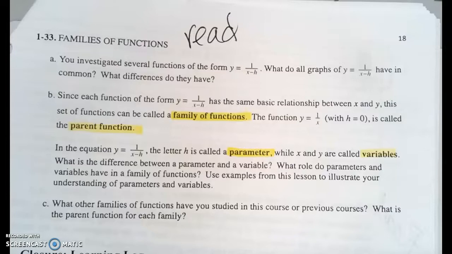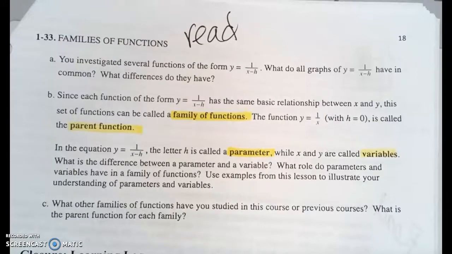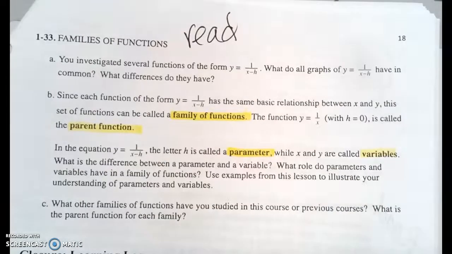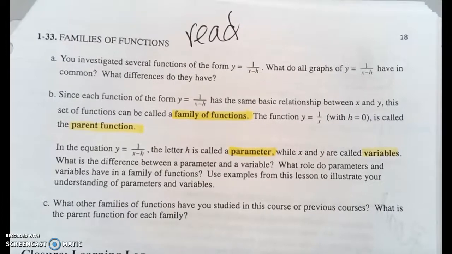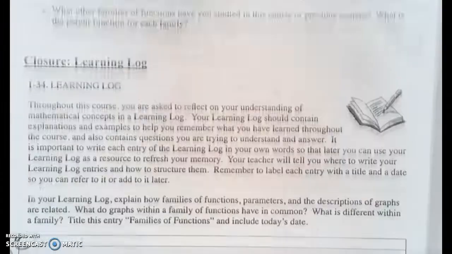What other families of functions have you studied in this course or previous? Well, we haven't studied any in this course yet. Or in previous courses, what is the parent function for each family? So after you finish investigating it in the problem that you're going to do in your team, you're going to complete this learning log.